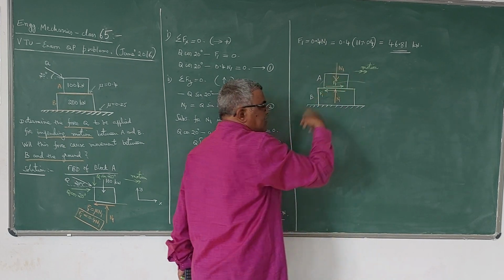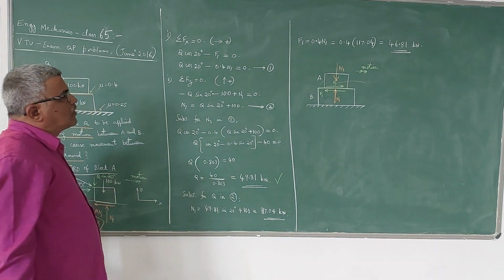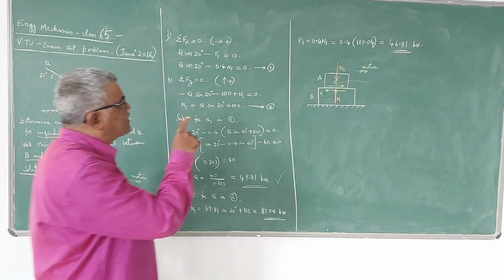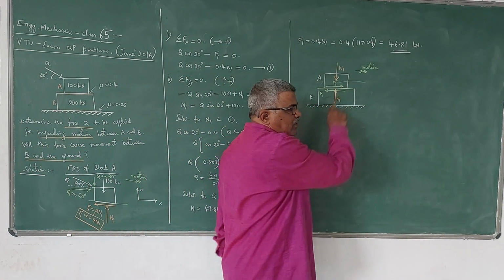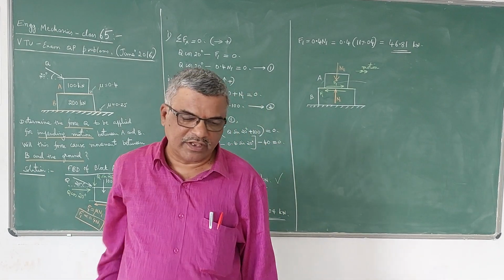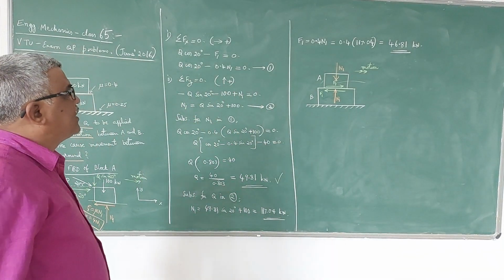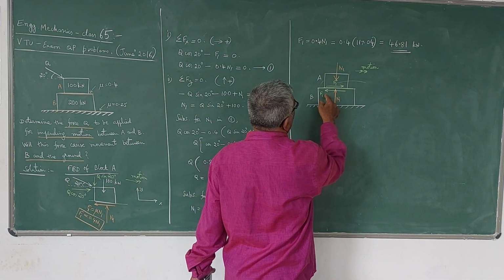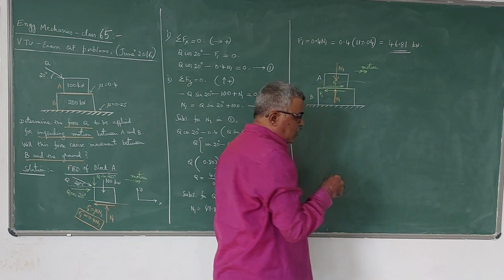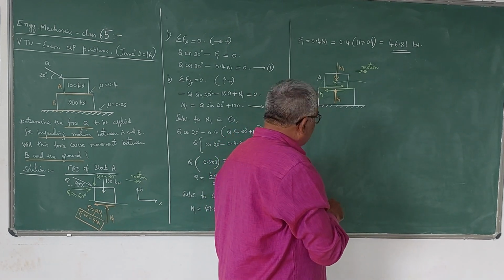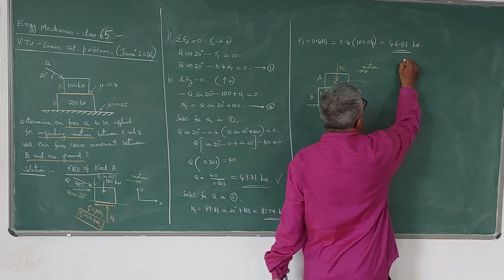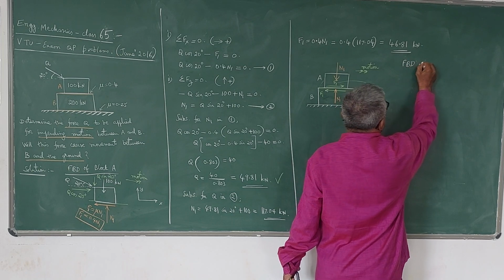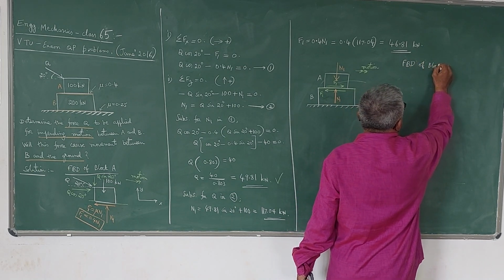Please note that they are collinear. So this is how we have to take. So that means I have considered the equilibrium of the contact surface itself, that is the junction between A and B. That means whatever value of F1 you have got here, the same value of F1 will be there for this also. So now what I will do here is, I will try to write the free body diagram of block B now. FBD of block B.